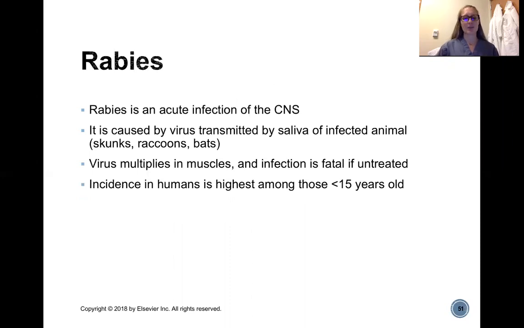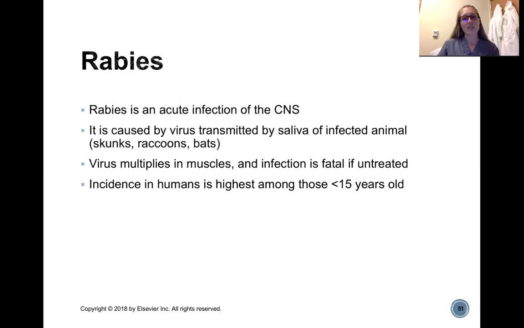Rabies. So rabies is not very common, mostly because it has to be a bite by an infected animal. And typically it's from wild animals. So 91% of the bites occur from wild animals.